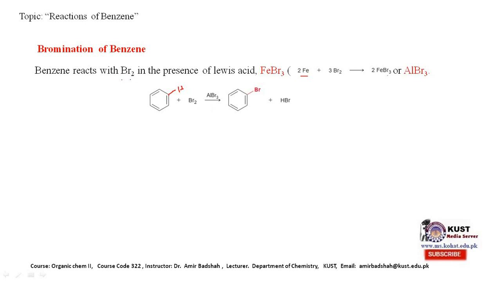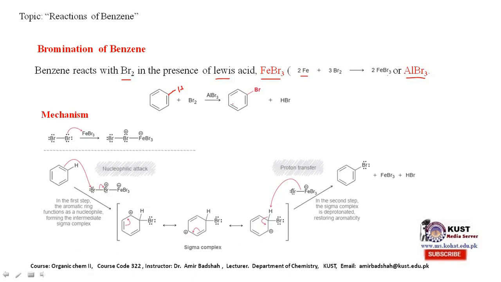Mostly we take bromine in the presence of a Lewis acid. The Lewis acid may be iron bromide or aluminum bromide. Iron bromide can be formed by the reaction of iron with bromine. So benzene is treated with bromine in the presence of a Lewis acid, and as a result electrophilic substitution, that is bromination, takes place. What is the mechanism for that?